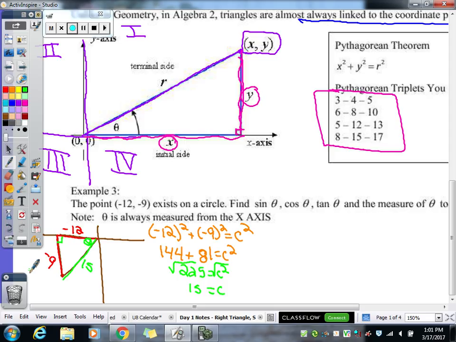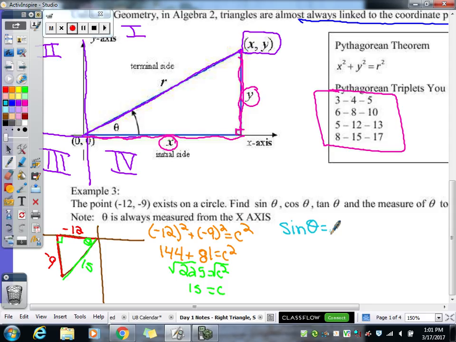So now what they want us to find. Oh wait, oh yeah, that's a negative 9. Yeah, negative 9. All right, so they want us to find sine of theta. So here's my theta. Sine is what side over what side?